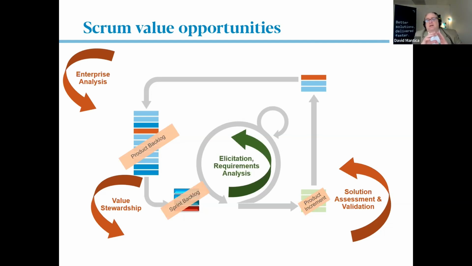Now, this is a Scrum picture. And my beef with Scrum is that it doesn't really have a system for enterprise analysis. There's an assumption that that's done, and then what is needed is put into the system, and then we're going to make sure that what is needed is built to the best possible need, or if that need adjusts during the time it's in the system, then we'll adjust it.